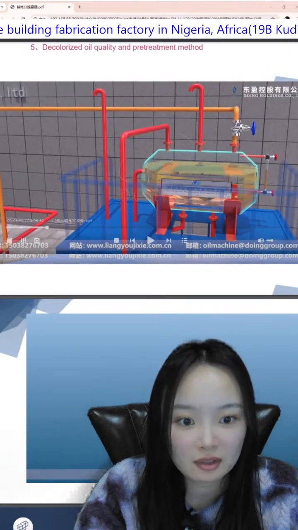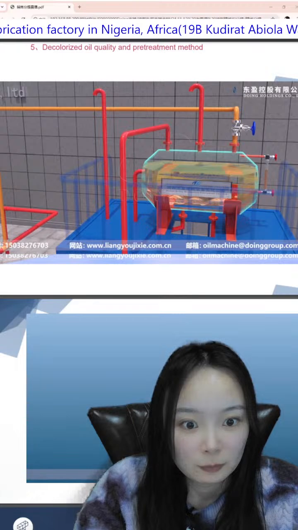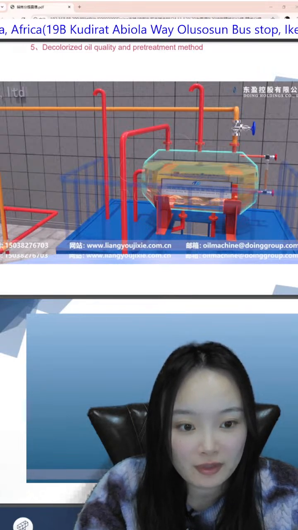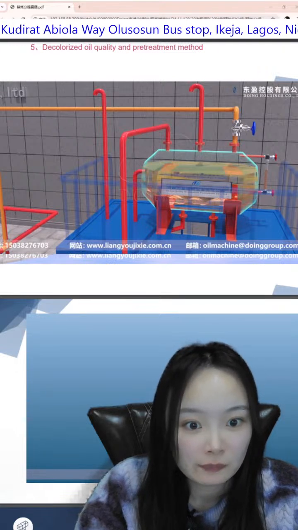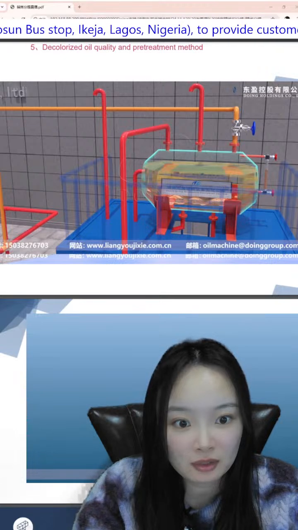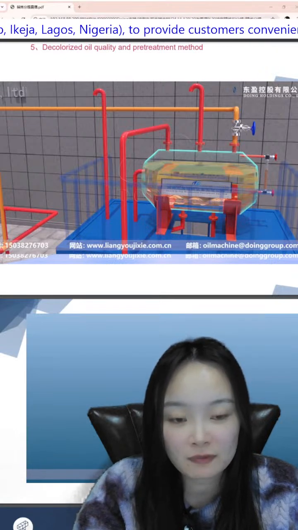The high tank. On the high tank there is a gas liquid separation tank, to remove the heat transfer oil, water, and air.